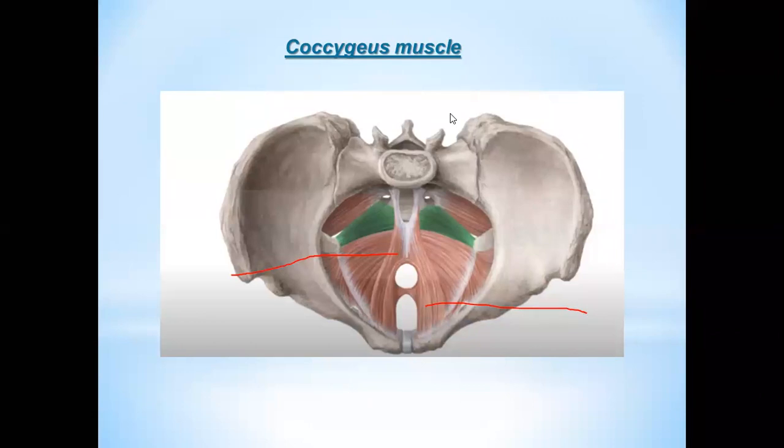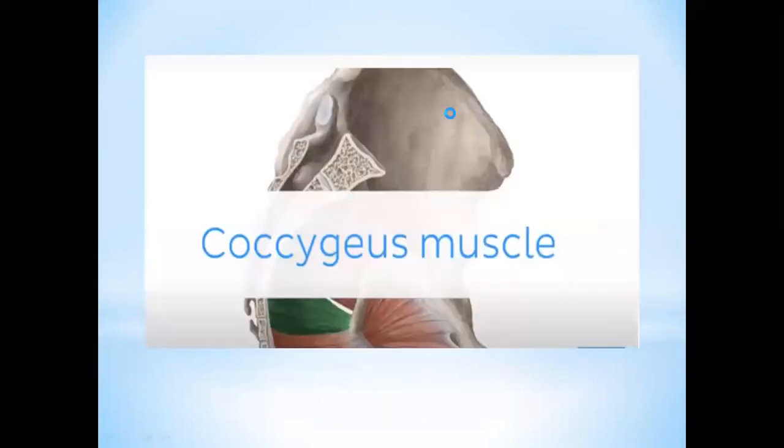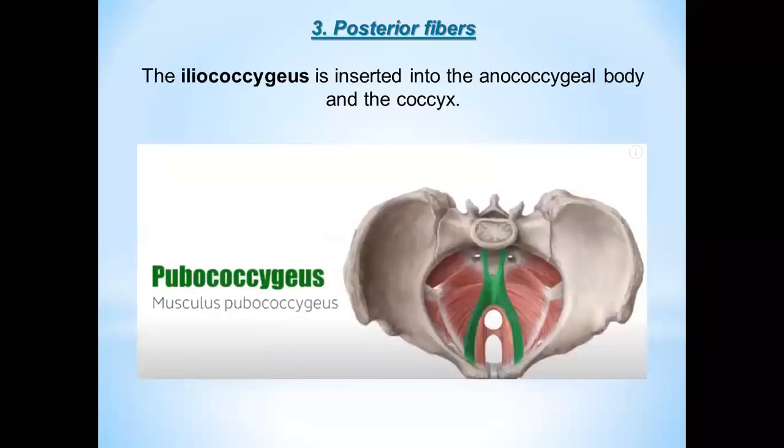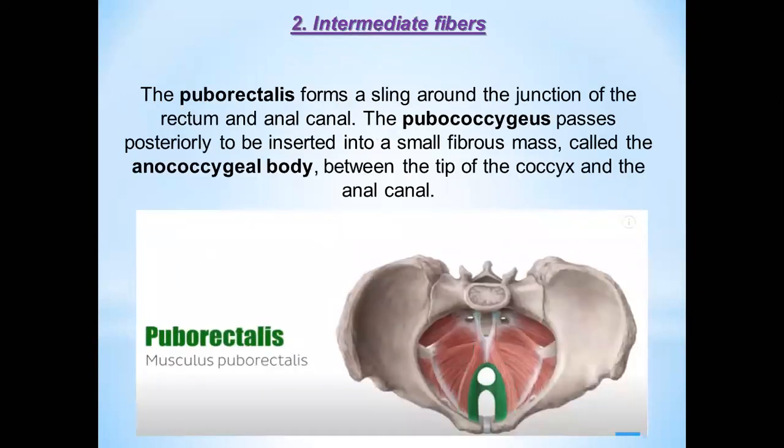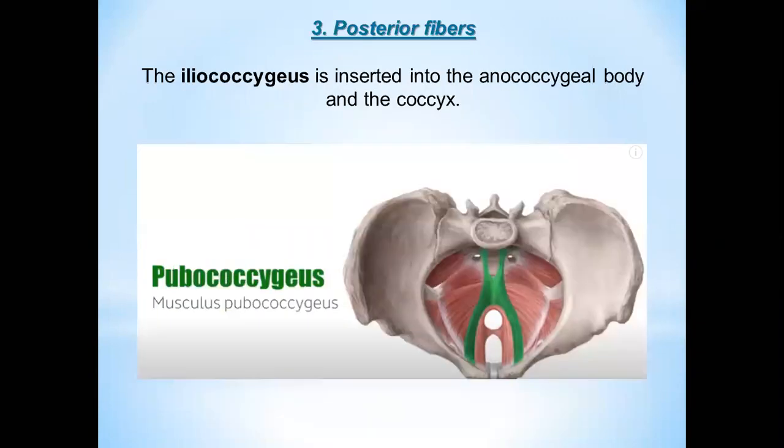Puborectalis forms a sling, which has the urogenital hiatus and the anorectal hiatus. The pubococcygeus is inserted into the anococcygeal body and part of the coccyx. And the iliococcygeus is also inserted into the anococcygeal body and the coccyx.